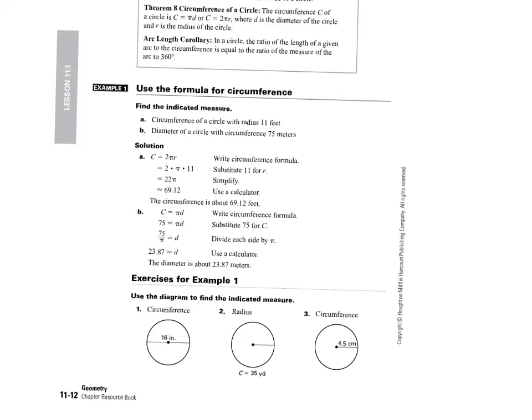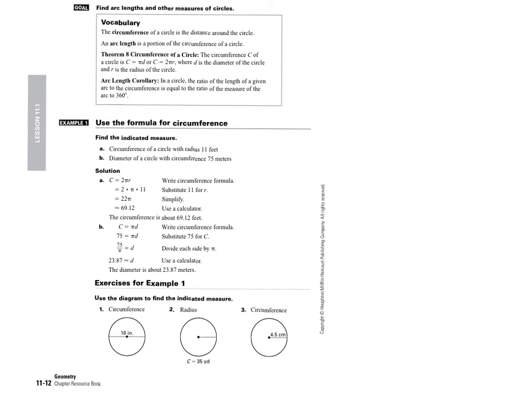So for example, let me make a new one so you guys could actually go back and do these. Let's say I gave you a circle. You may not get a picture, it just may be in words. But let's say I told you you have a circle and it has a diameter of 10. What would be the circumference of this in terms of pi? You would just do 10 pi.